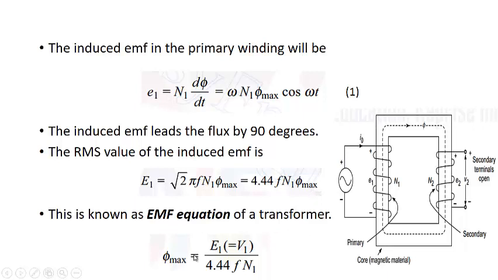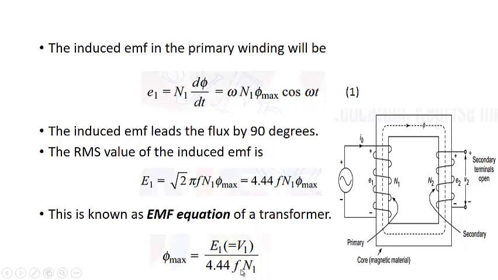From this you can get E1 equal to 4.44 f N1 phi max. And for this case we are assuming the resistance to be negligible, which is 0, so E1 will be equal to V1. For a practical transformer, this resistance is very small, and for a practical transformer also, E1 is always taken to be equal to V1. So phi max will be equal to V1 divided by 4.44 f into N1.